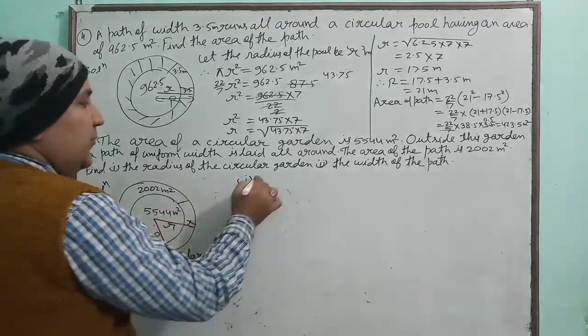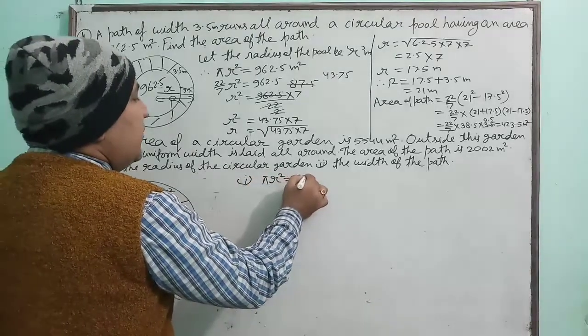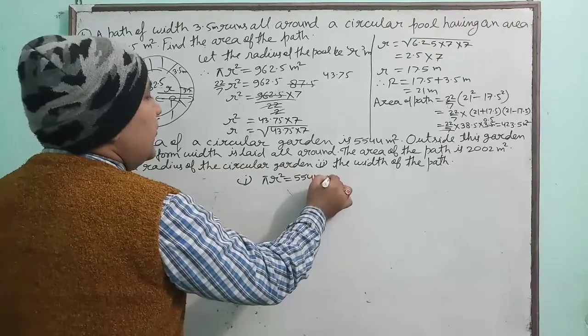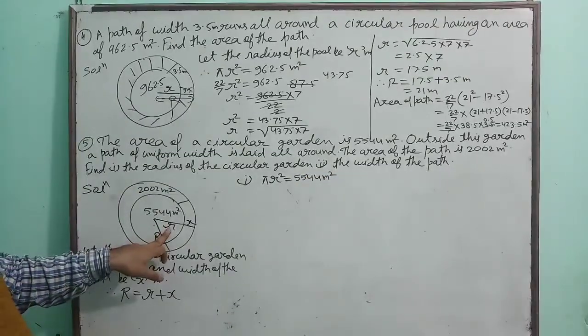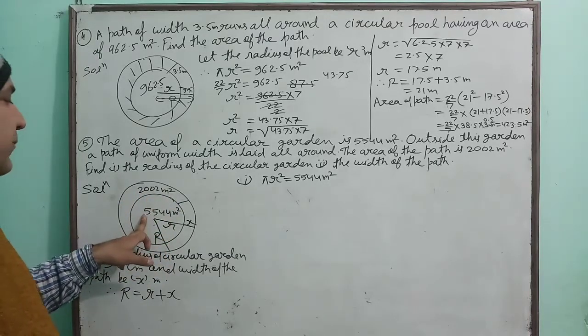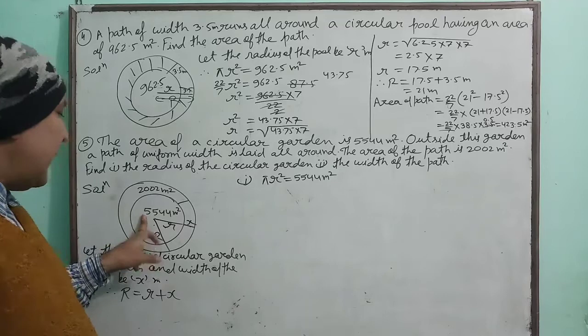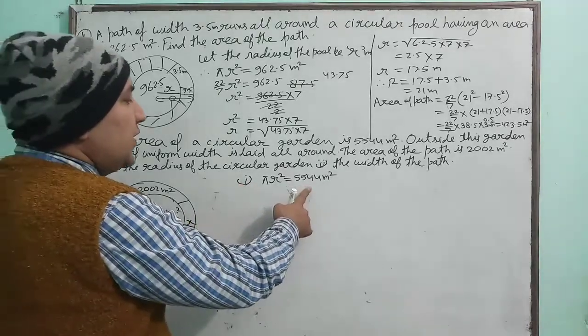See the first one. Pi r square will be equal to 5544 meter square. Because radius is small r, the area of the circular garden is 5544 and radius we have taken r. So pi r square is equal to this.